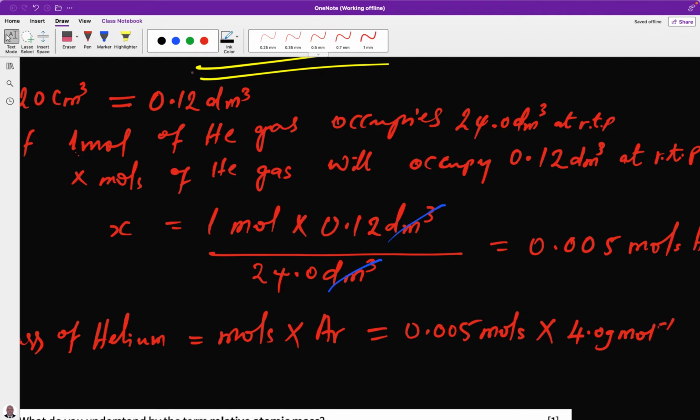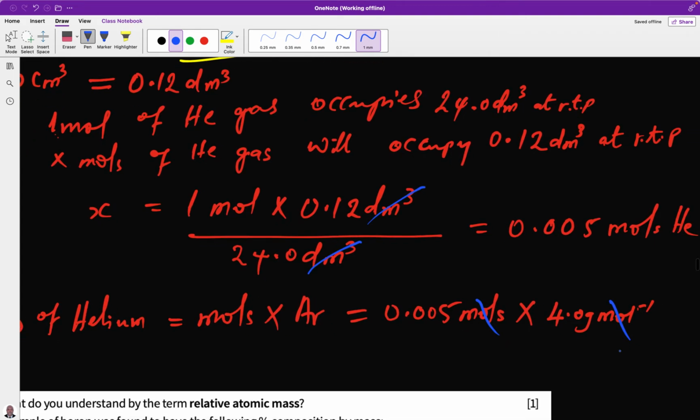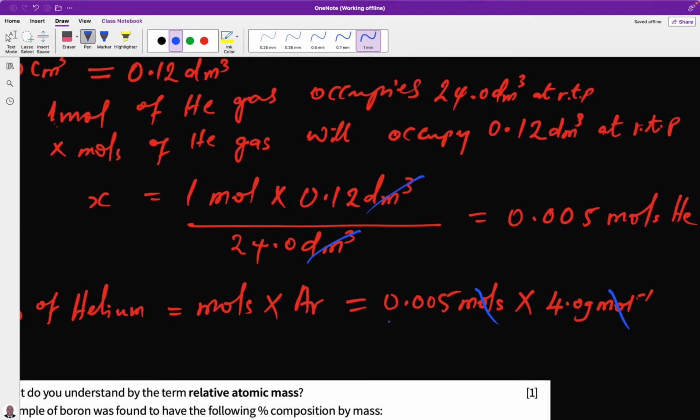So in that case, we will cancel the mole. We cancel per mole, and we are left with grams. And what will be the mass now? The mass now will be 0.005 times 4, which will be 0.02 gram of helium. That will be the mass of helium.